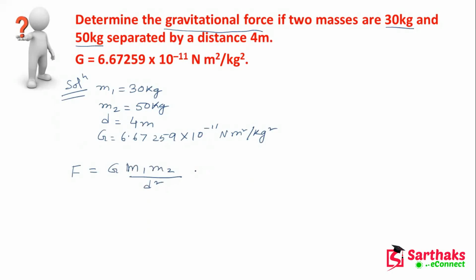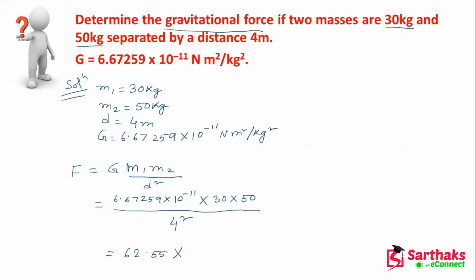If we put all the values, we get 6.67259 into 10 to the power minus 11, M1 is 30 kg, M2 is 50 kg, and the distance is 4 meter, so 4 square, and you will get 62.55 into 10 to the power minus 11 Newton. Okay, fine, got it?